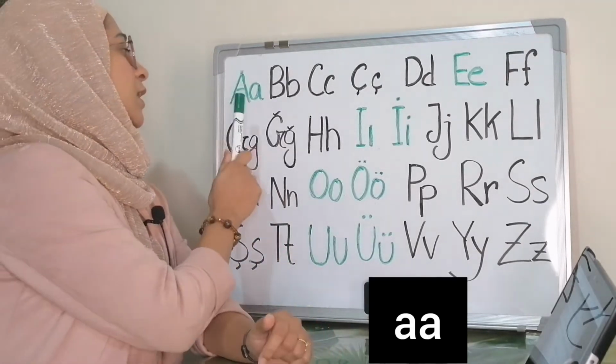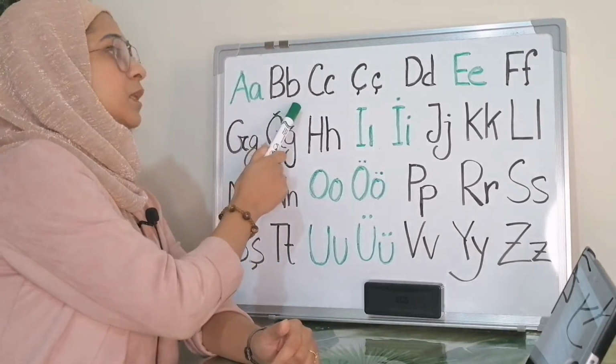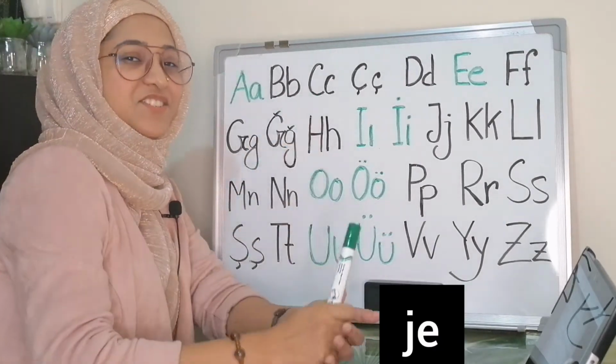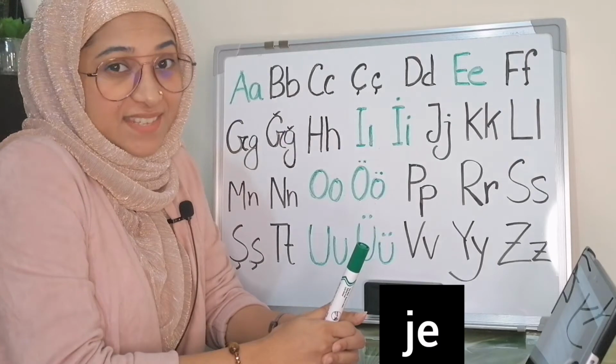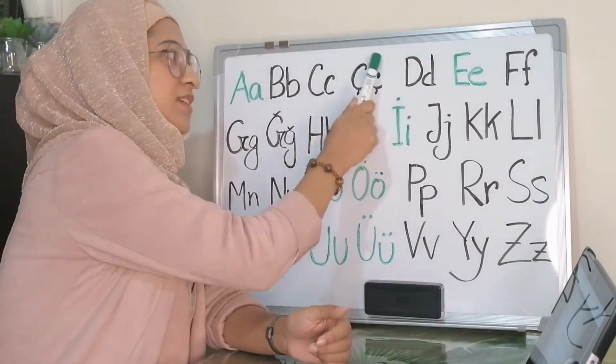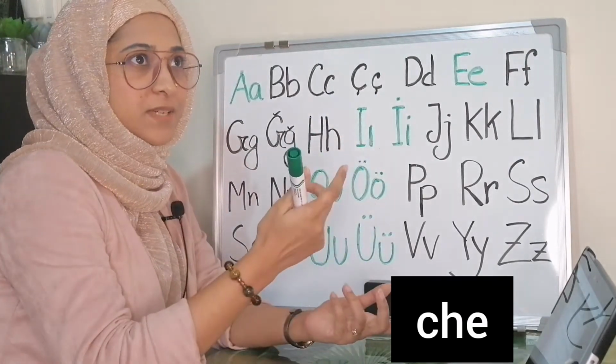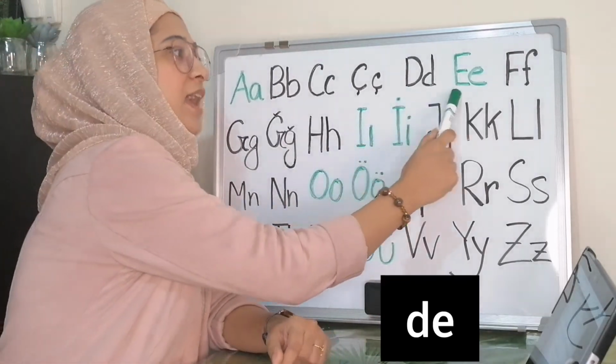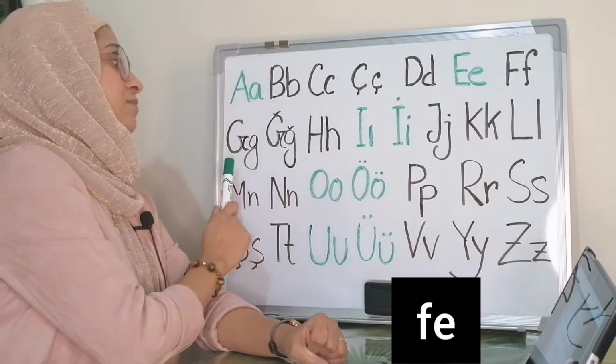Okay? A. This is not C. This is J. This one is Che. It's like C-H-E. Che. D, E, Fe.